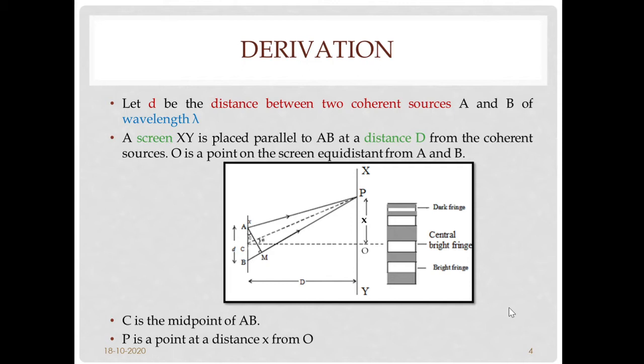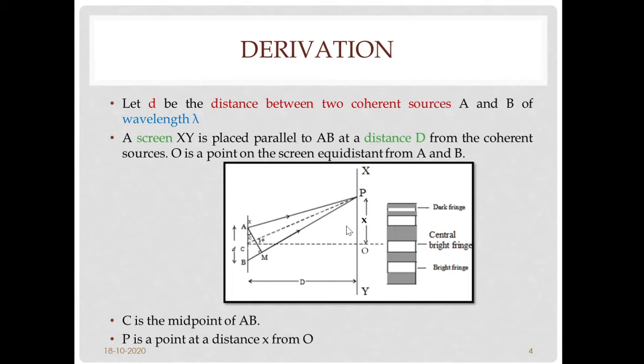So let's find out the expression for these alternate dark and bright fringes. For this, we are considering small d as the distance between these two coherent sources A and B, which is illuminated by light of wavelength lambda.